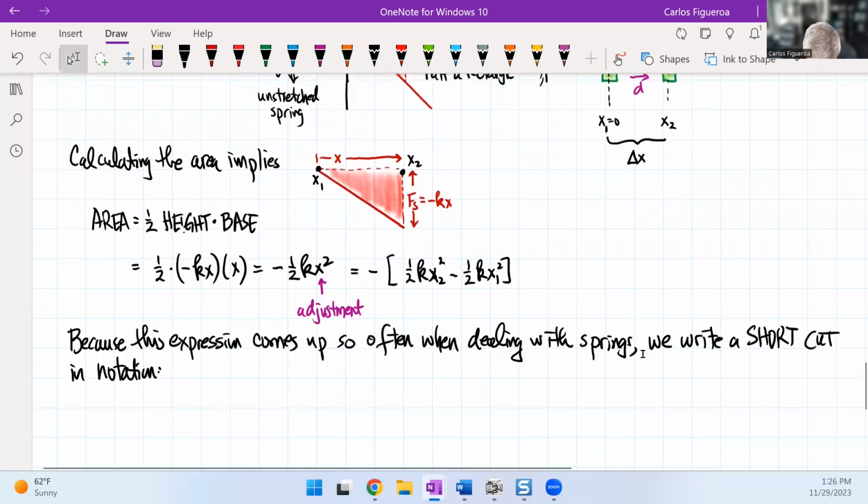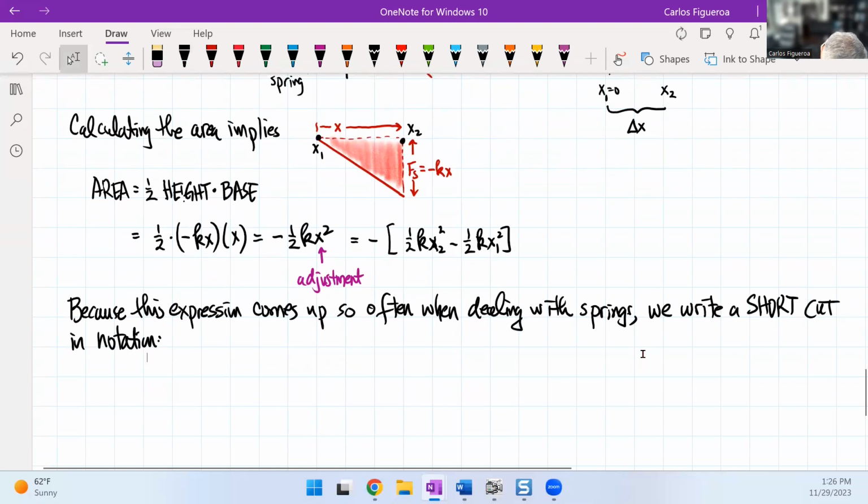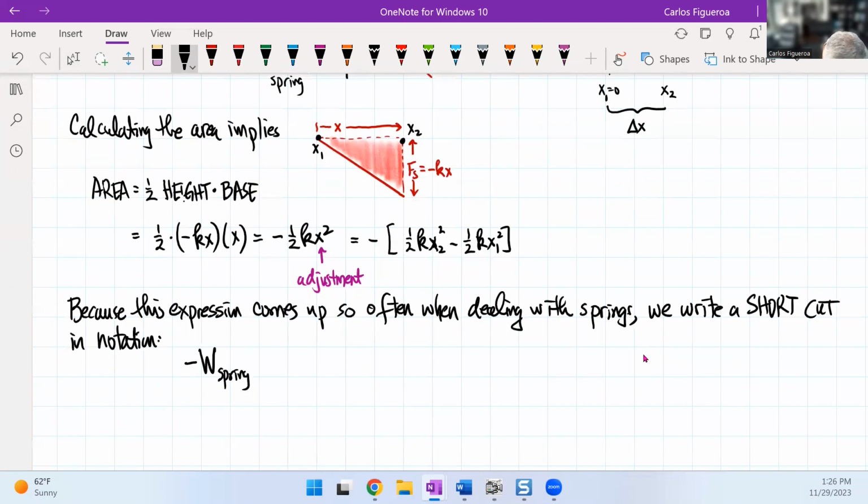By definition, the negative work of the spring is equal to the change in potential energy of this spring. But we just calculated the work here.